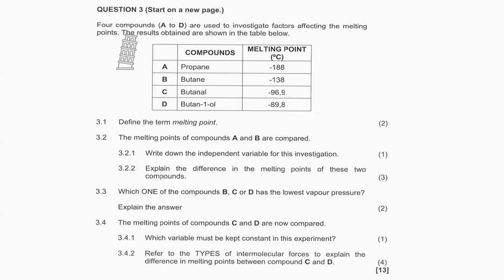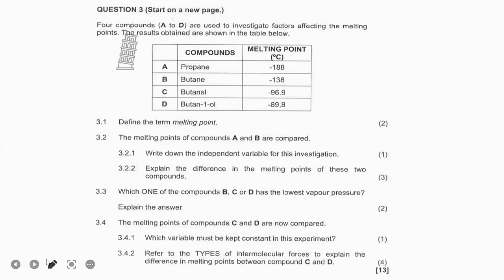But then what's different here? You can see that they have a difference of the chain length. From propane, they added CH2 to make it butane. So the difference here is in the chain length. So that is the independent variable. That is the factor that is affecting our physical property here, the melting point. So we are supposed to say 3.2.1 is the chain length.